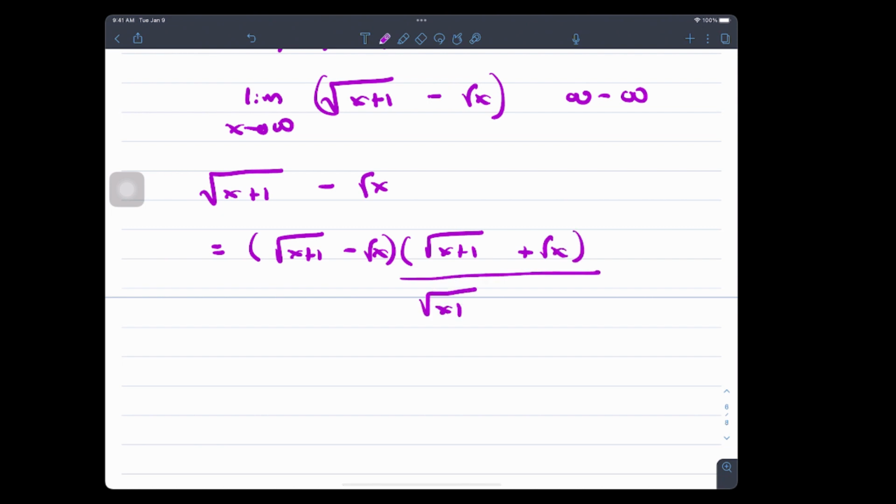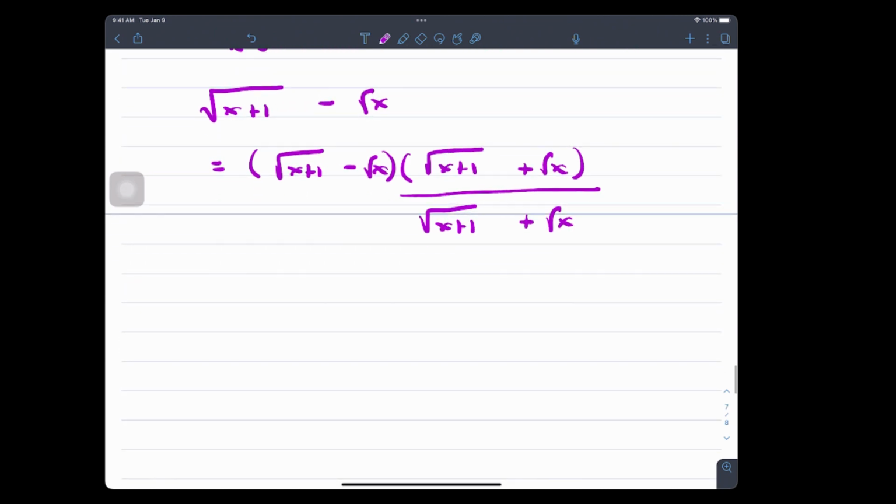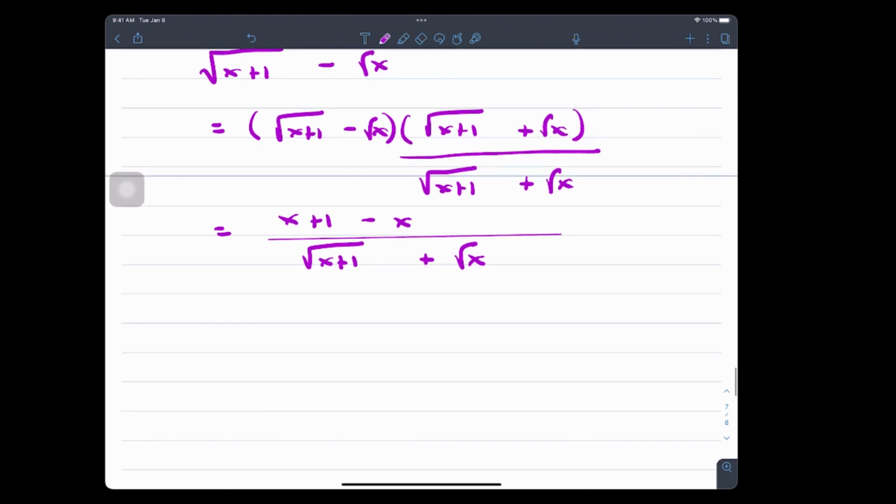You multiply the top and the bottom by the conjugate. You guys remember that? That's the algebra. So the numerator, by FOIL, you end up with 1 over what?